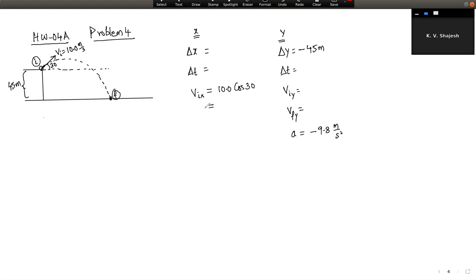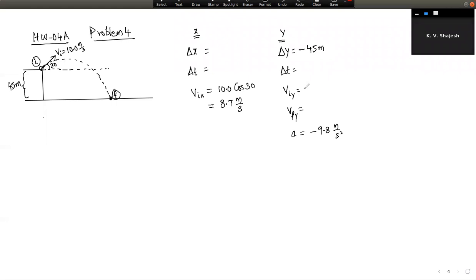Cosine 30 is 0.866, so that's 8.7 meters per second, to two digits. Again, it's positive because it's horizontally in the positive direction, or horizontally to the right.